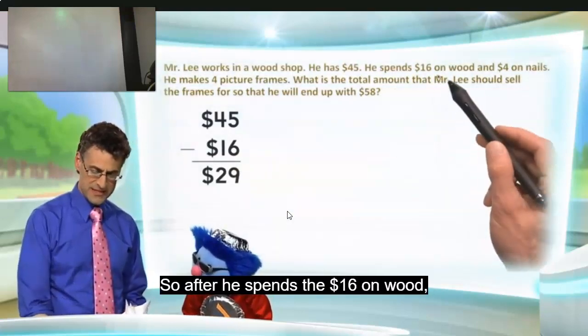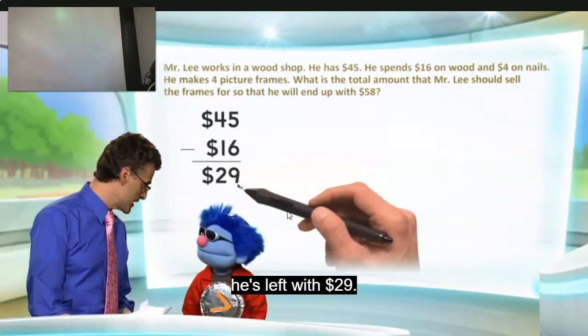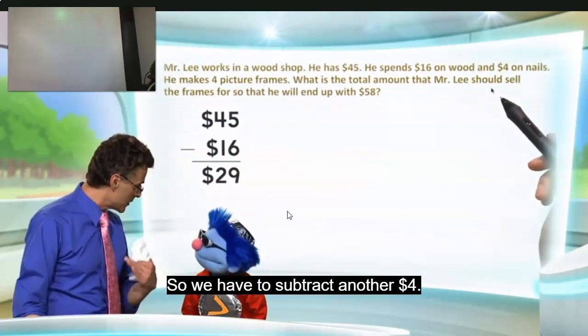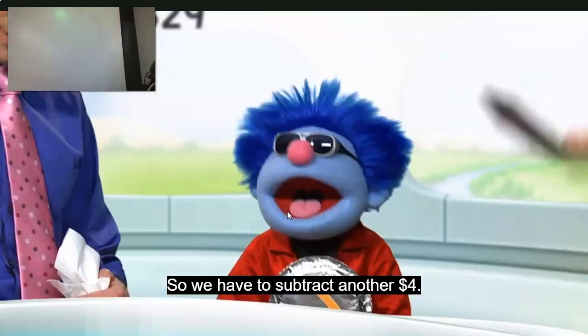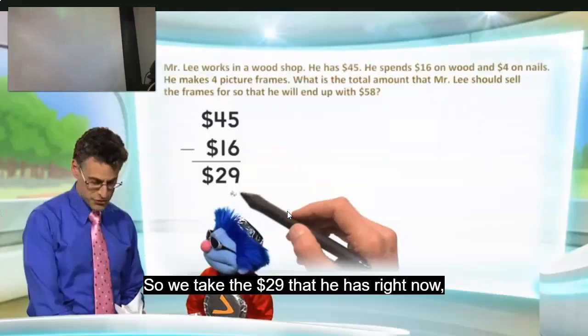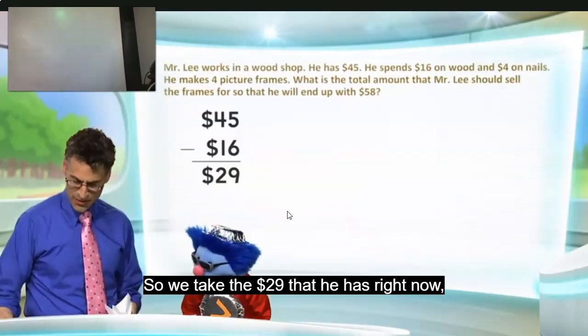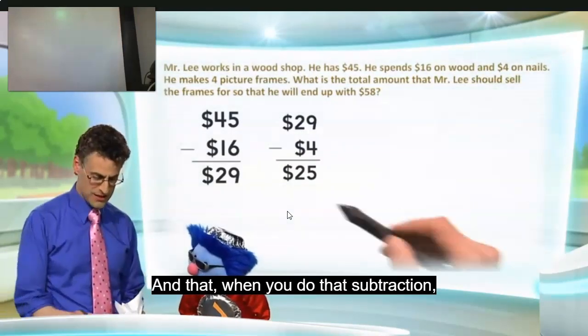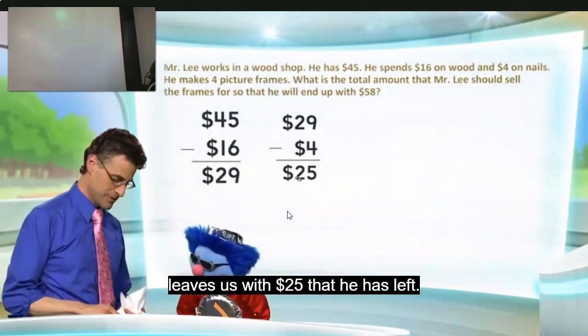So after he spends the $16 on wood, he's left with $29. Then he spends $4 on nails. So we have to subtract another $4. So we take the $29 that he has right now, and we're going to now subtract the $4. And that, when we do that subtraction, leaves us with $25 that he has left.